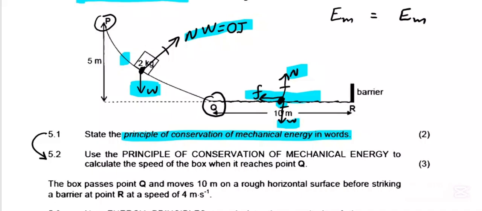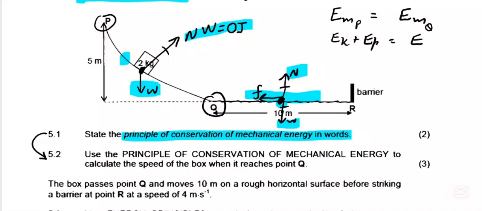The system here is isolated. So in an isolated system, the total mechanical energy is conserved. So at P and at Q, the mechanical energy, when we calculate it, is kinetic energy plus gravitational potential energy.